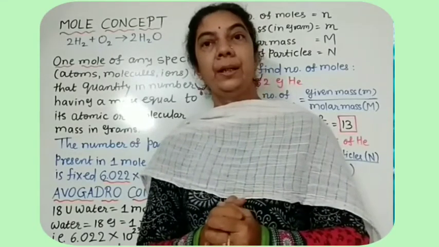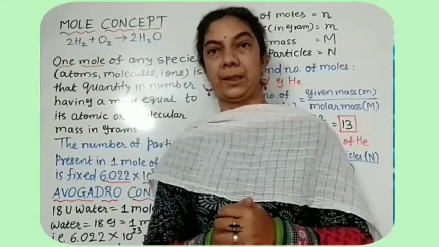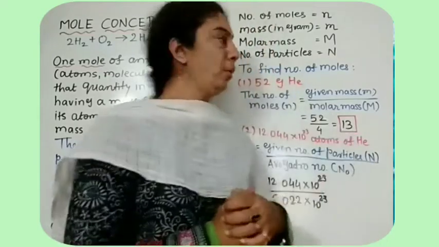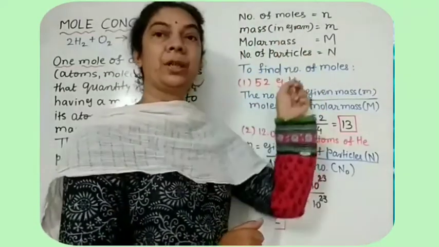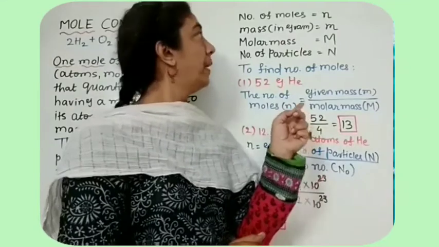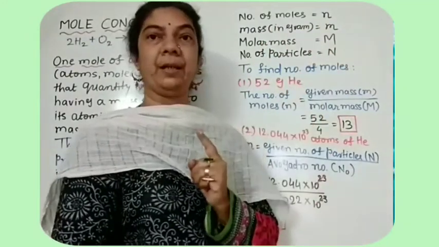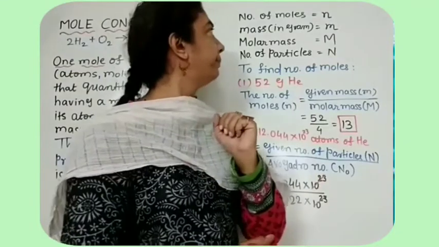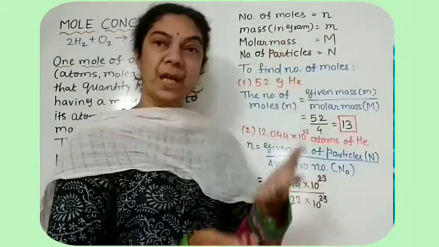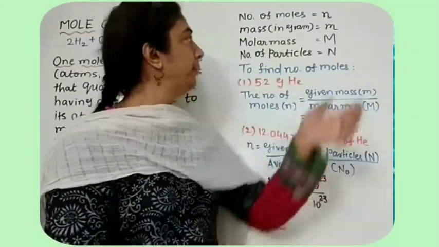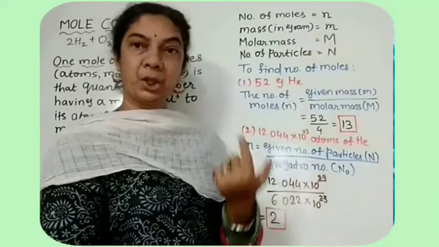For calculating the number of moles, we need to remember some notations. Number of moles we write as small n. The mass which we measure in gram is denoted by small m.